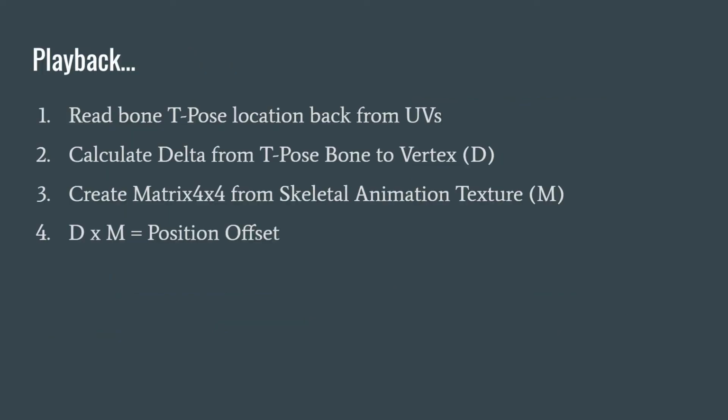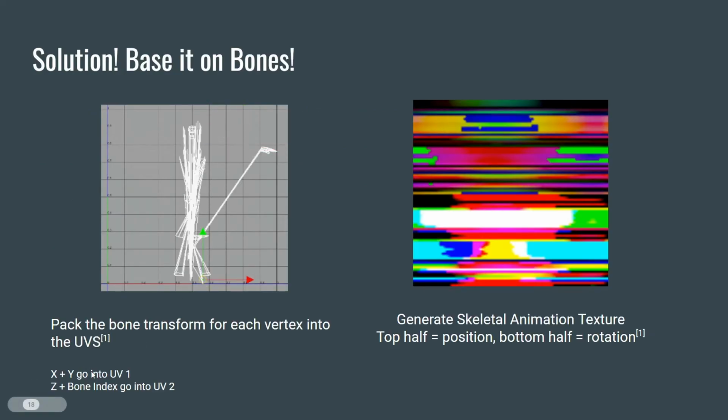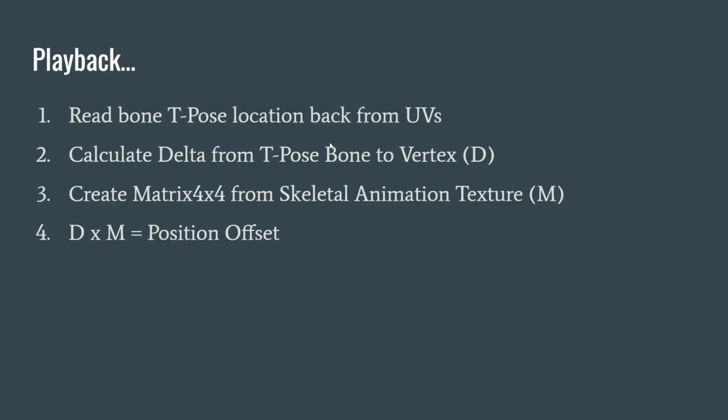So how do we play this back and how do we animate our static mesh based off this new UV channel and new position texture? Well, let's read the bone's T-pose back from the UV. We can do that just by unpacking the X and the Y from UV channel 1 and the Z from UV channel 2.